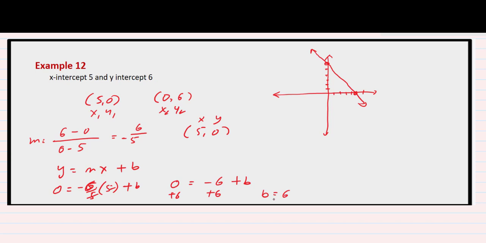B is equal to 6. Now we have the slope and we have the y-intercept. Y equals mx plus b form. Y equals negative 6 over 5x plus 6. That will be the equation of the line.